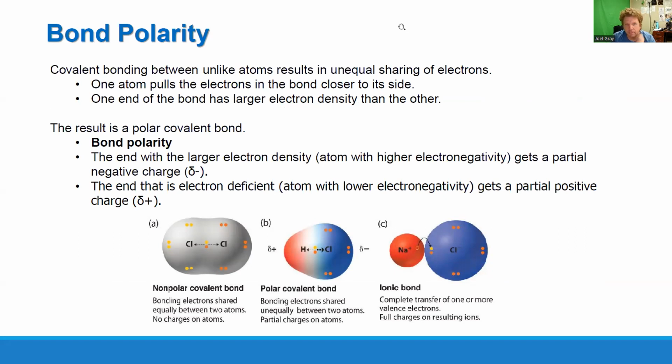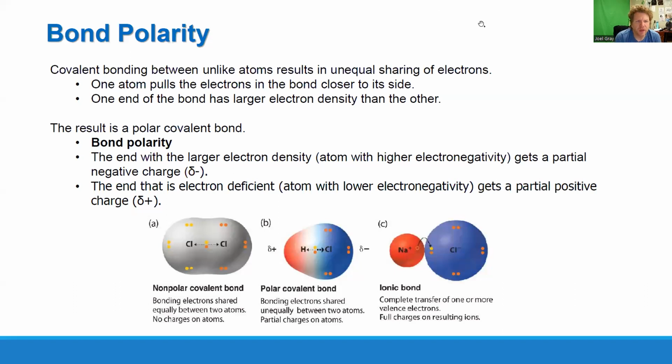Now, with that in mind, when different atoms share electrons, those electrons are not shared evenly. There's a phenomenon known as electronegativity.